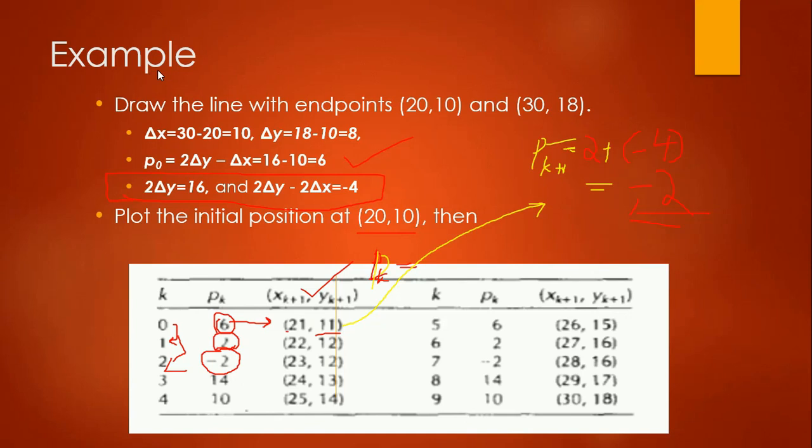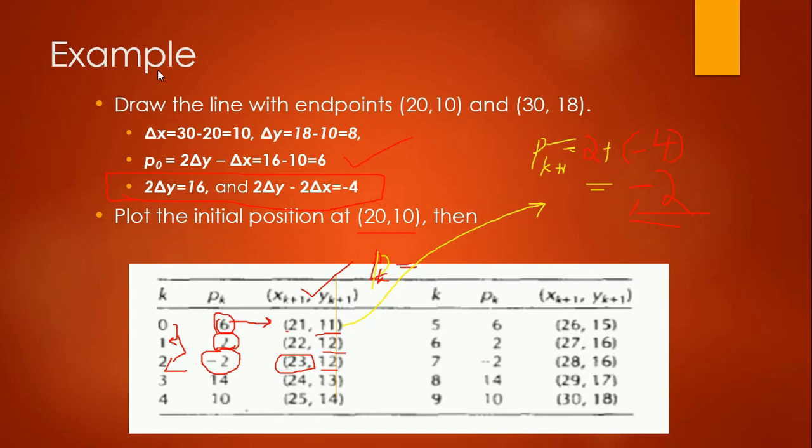Since it is negative, you are going to increment only the x value. See, 22 is changed to 23, and the y value is kept as it is.